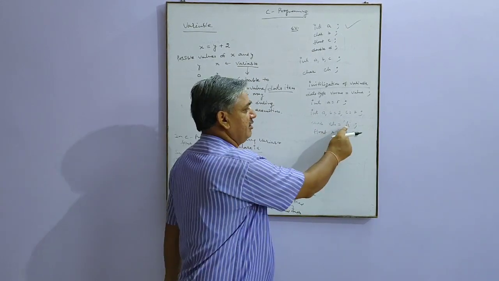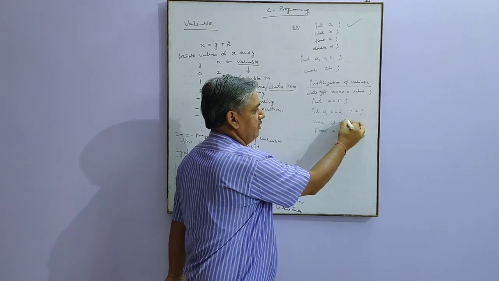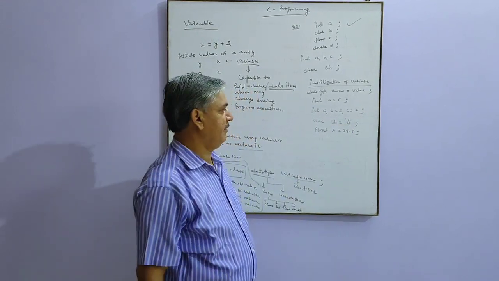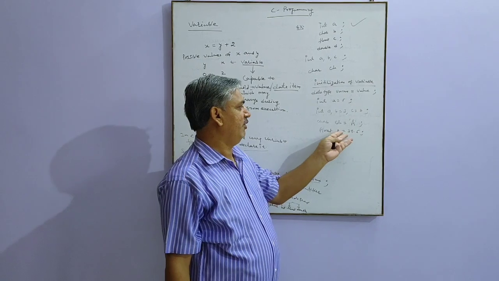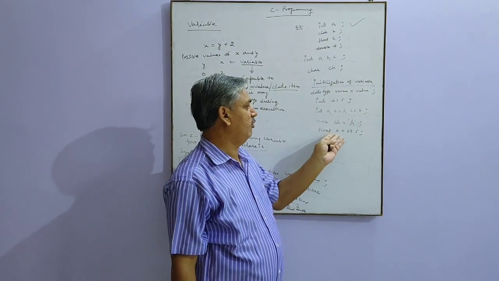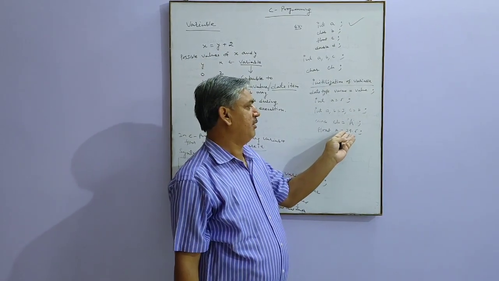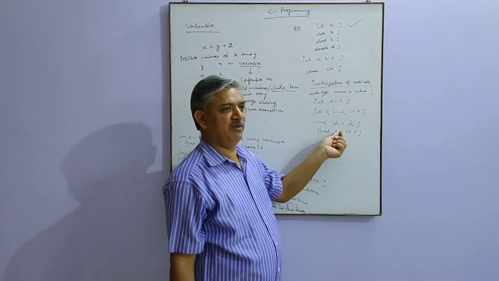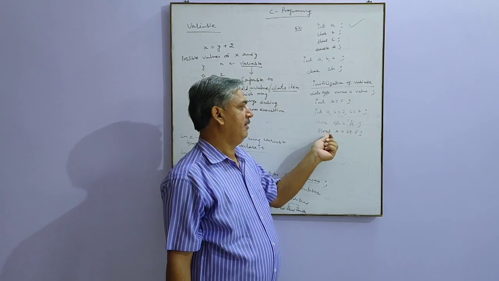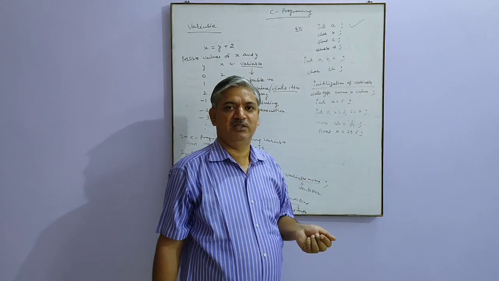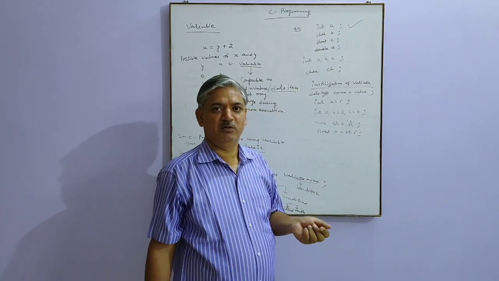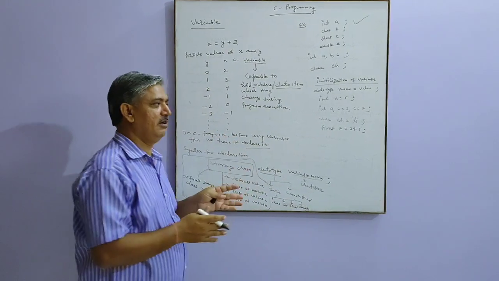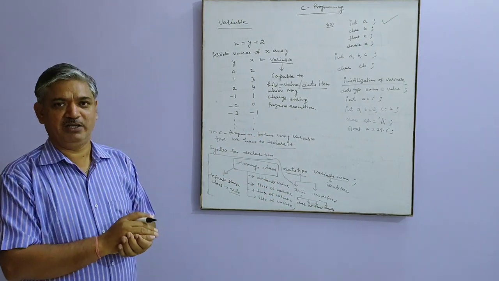So write this capital A in single quotes and then semicolon. When we want to assign a float, simply write float X, assignment operator, suppose 39.5 and semicolon. It means X is a variable of float type and its initial value is 39.5. So in this way we can declare or initialize variables.